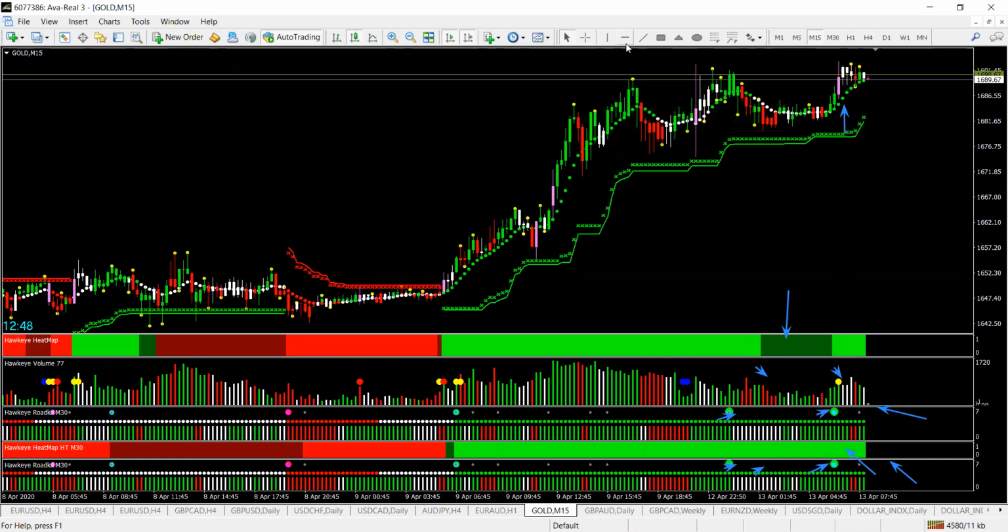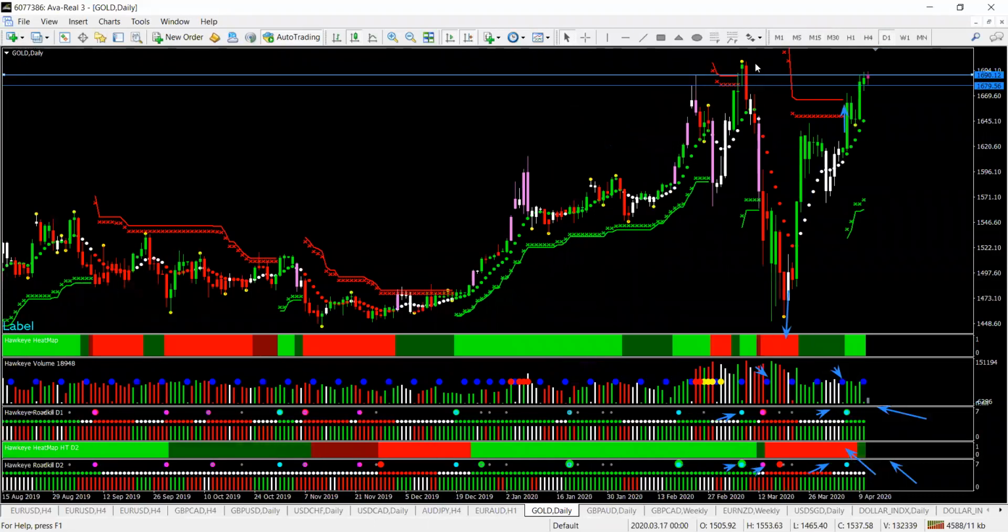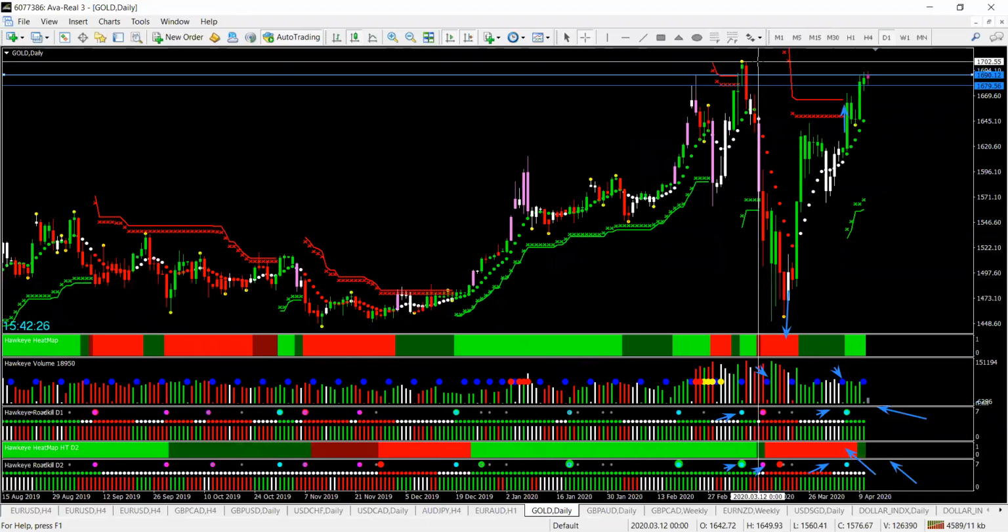We entered the trade somewhere around this point, and the stop loss we are placing right under the wicks. We will be testing 1700 or thereabouts, which was the previous high.